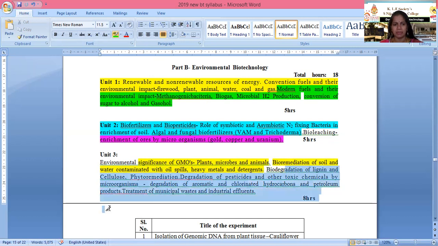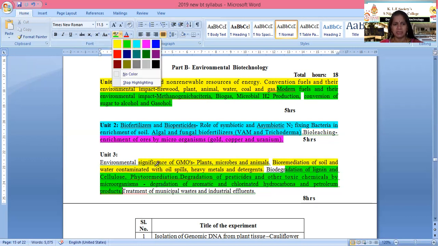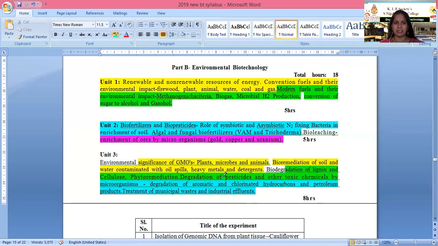And another, as a seminar topic, you can choose treatment of municipal wastewaters and industrial effluents. You can take this as your seminar topic, or as the assignment topic for your internal assessment marks. So this is all about part B, that is paper 5, genetic engineering and environmental biotechnology.